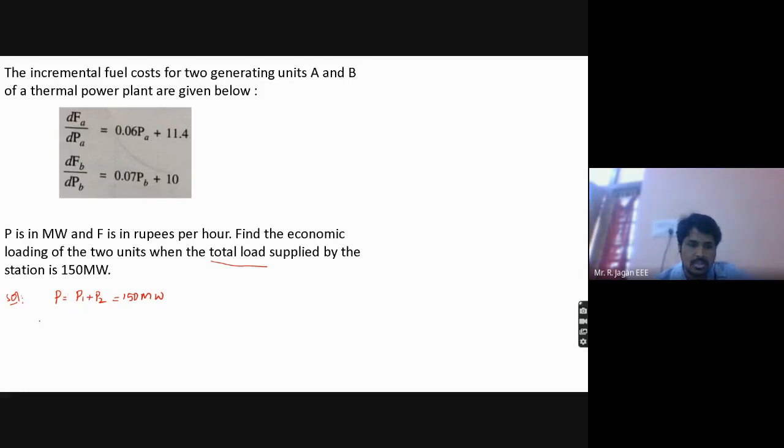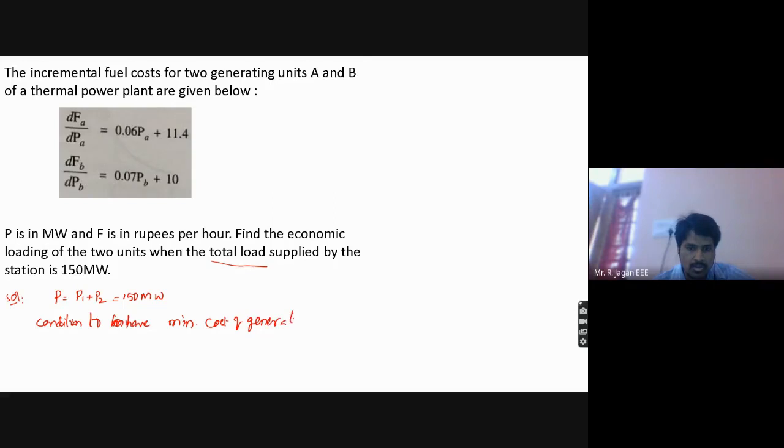So what is the condition to have the minimum cost of power generation?